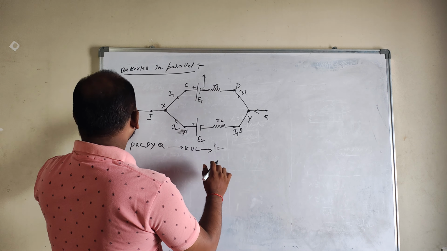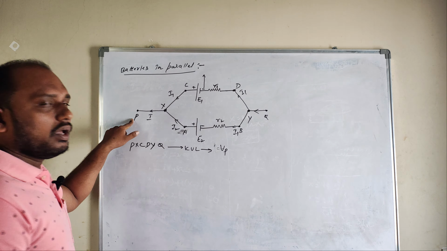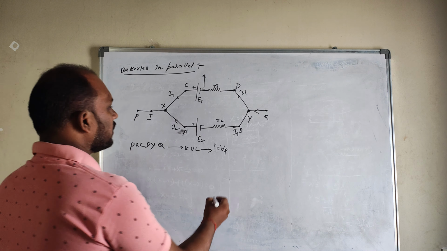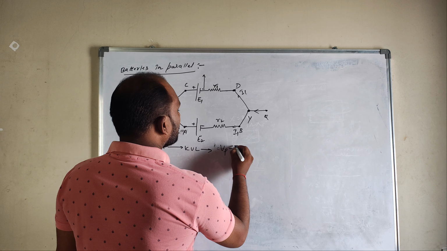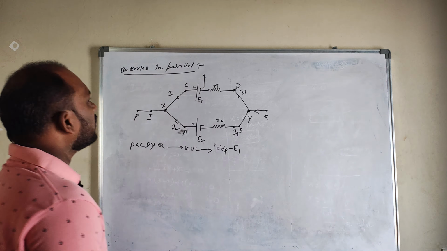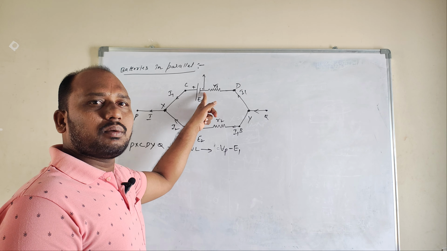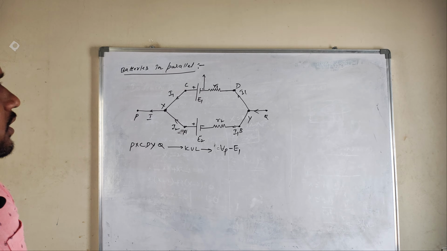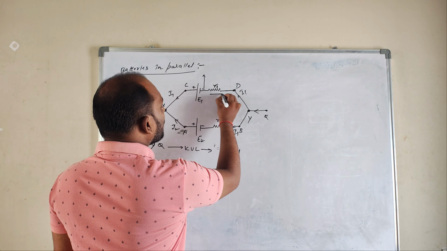Before that, how much is the potential drop at P? VP is the potential. Here is E1, and here is V1, because I stopped at minus. So minus E1. Here I also want to find the potential drop at R1.